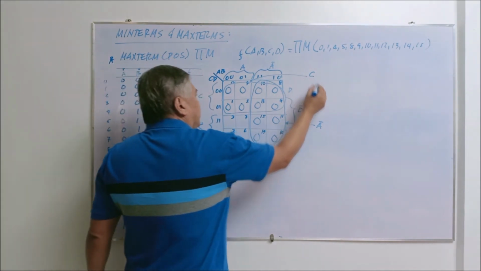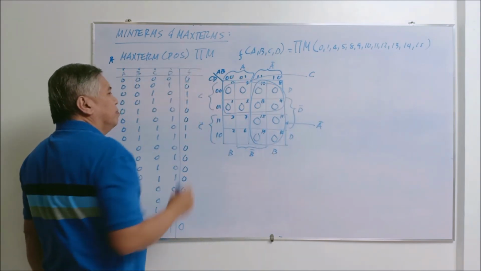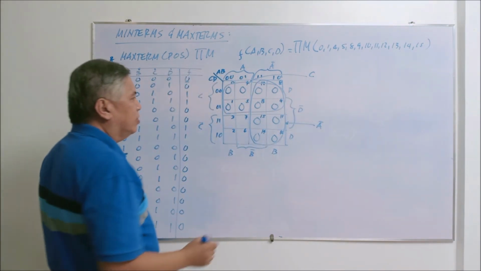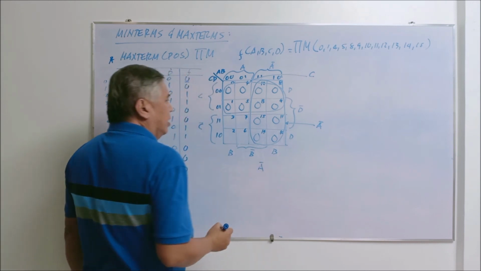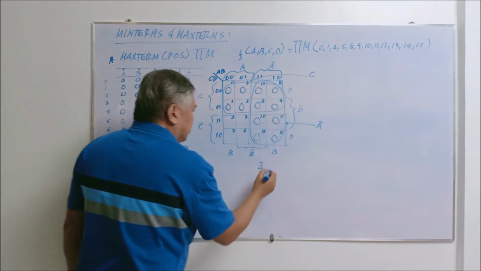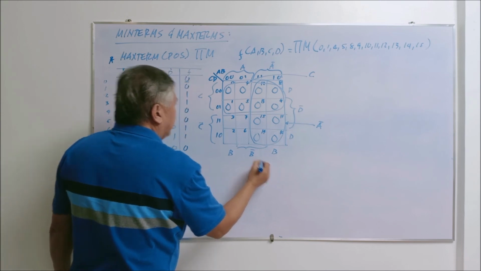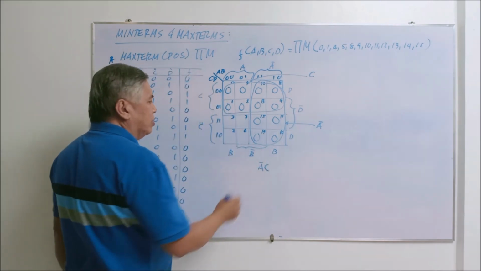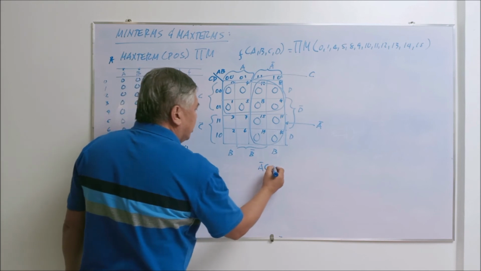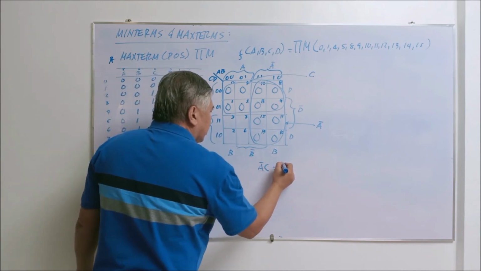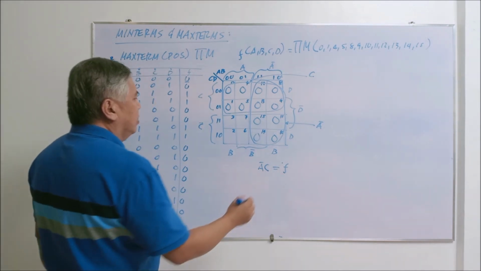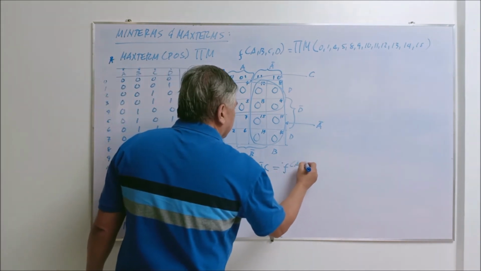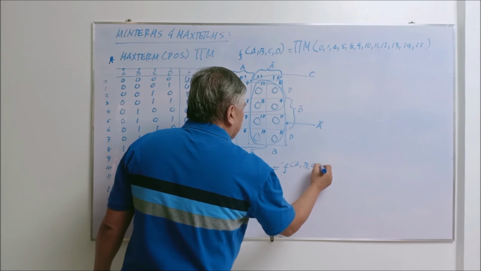These are sum terms logically multiplied together. So since A bar is a sum term and C is another sum term and they are logically multiplied together. So A bar times C is equal to F as a function of A, B, C, and D.